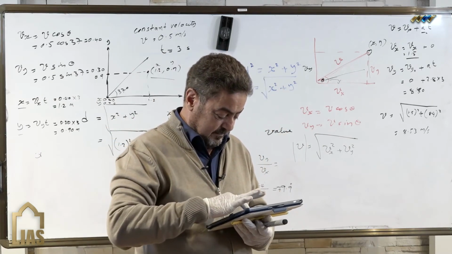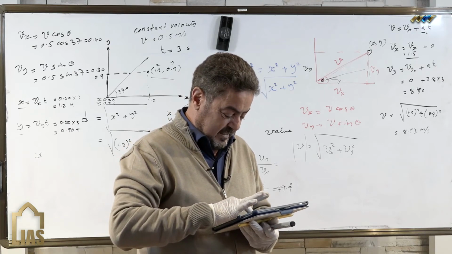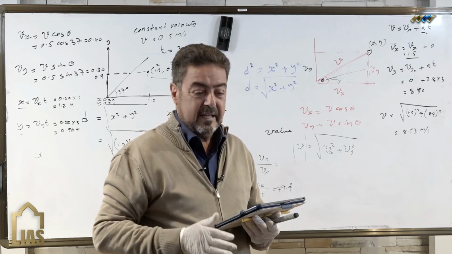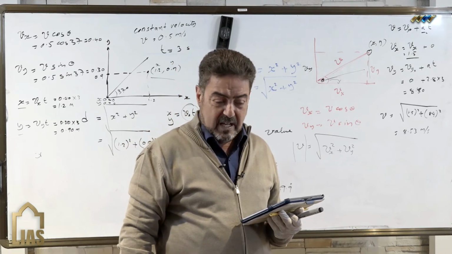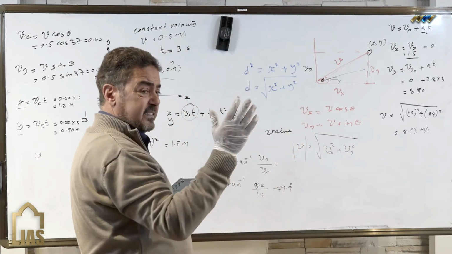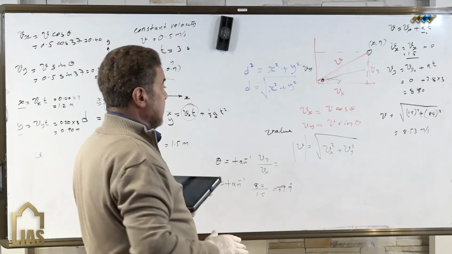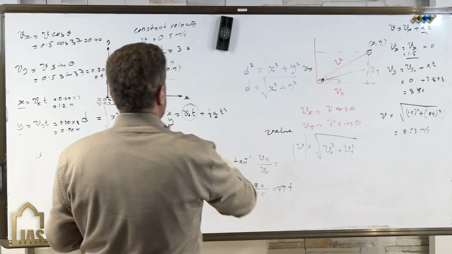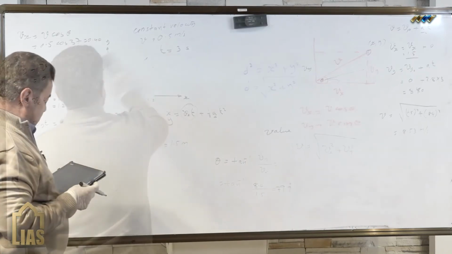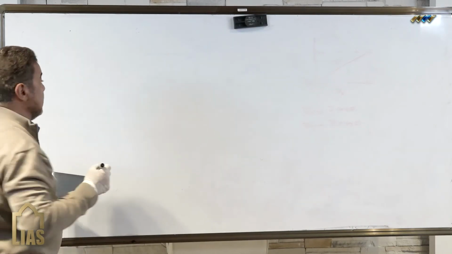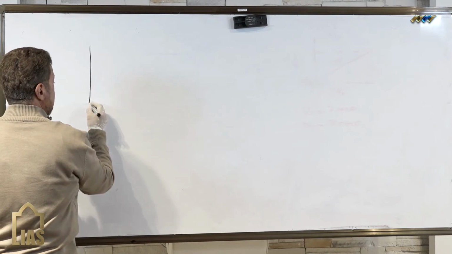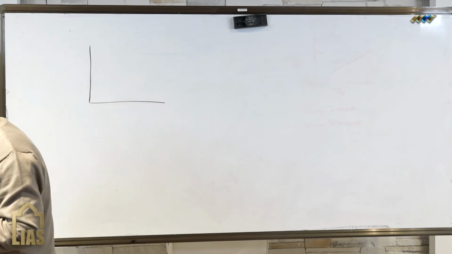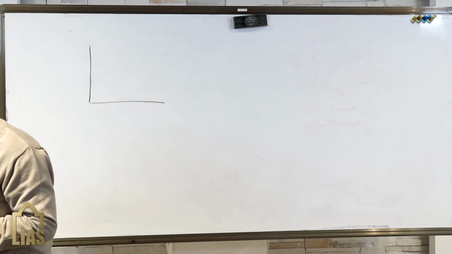Value and direction make the vector, or velocity. Vectors: let's take an example here, and I'll use colors just to make things clear.